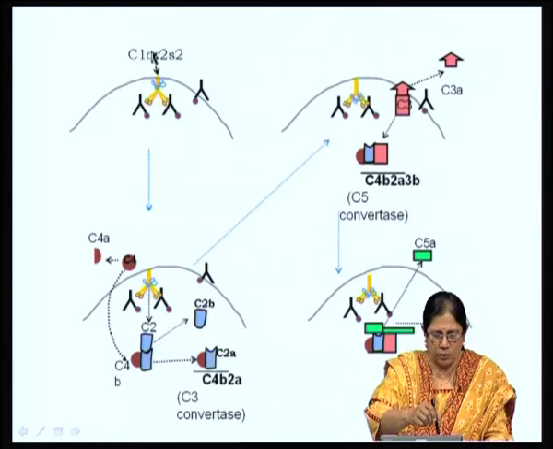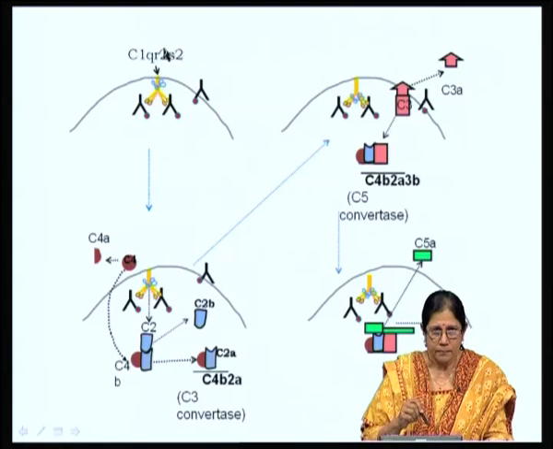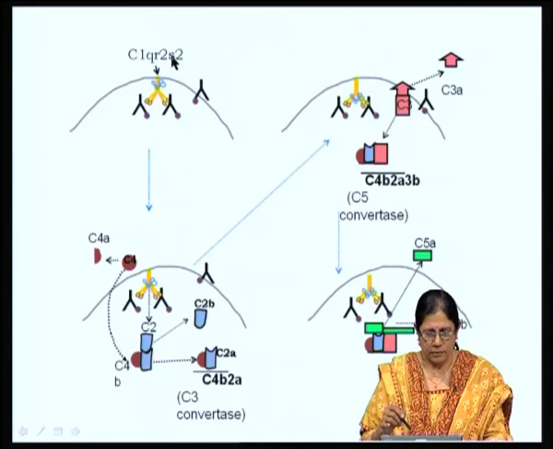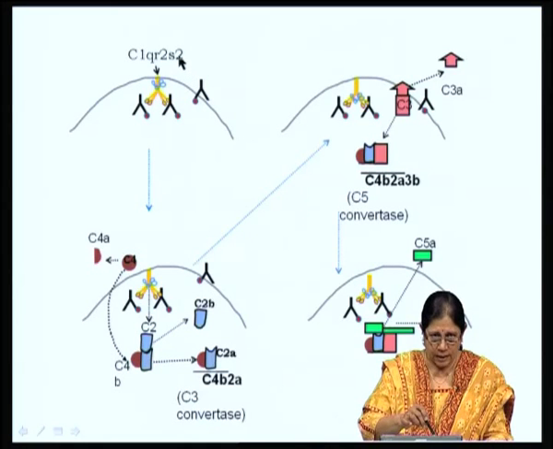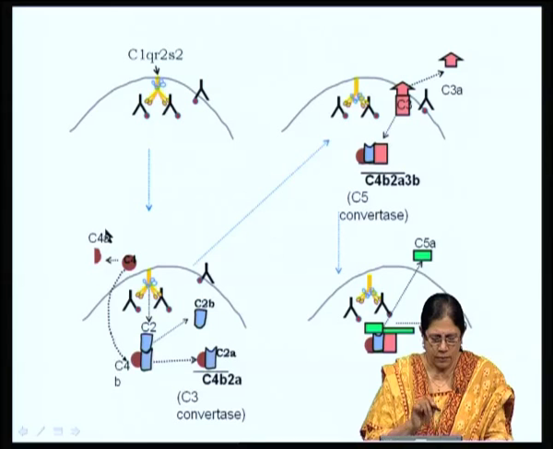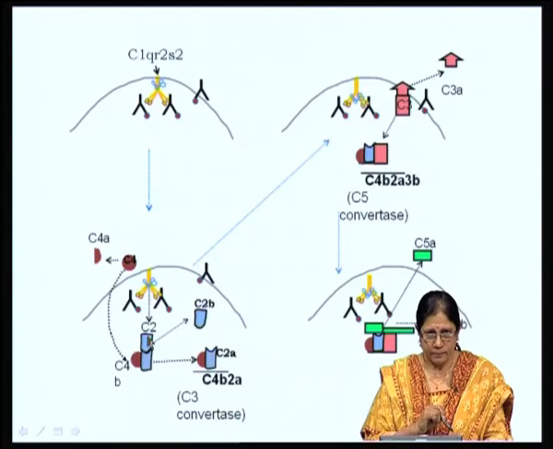The C1 molecule, upon its conformational alteration, induces a conformational alteration in the molecule that is closely associated with it, that is R2. The R2 now activates S2 by cleaving a part of the S2. The S2 is an enzyme and has two substrates. One is C4 and the other one is C2.